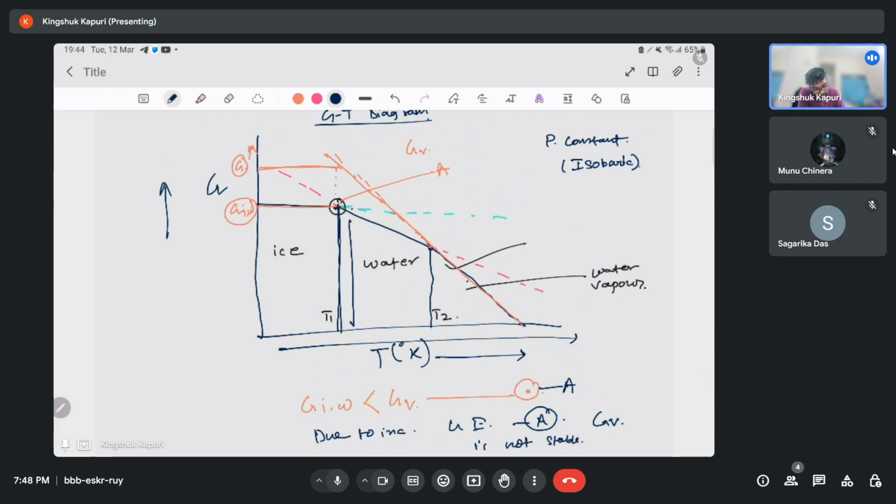So if we move the pen vertically at this point, this vertical line reflects a constant temperature. So for that particular point the pressure remains constant and the ice and water will be together, fixed at the temperature T1.